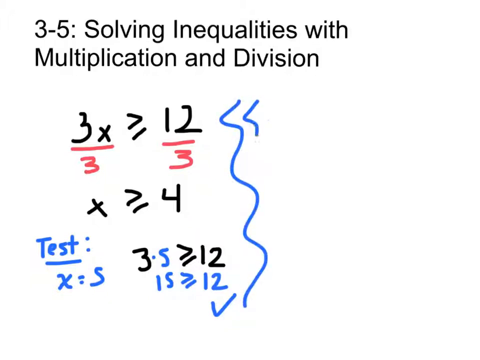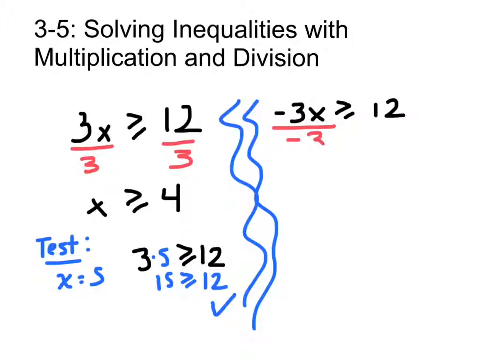Where this becomes a little bit different and a little bit more complicated is supposing I had negative 3x is greater than or equal to 12. When I go to divide, I'm going to divide by a negative 3 to solve, which will cancel these out.